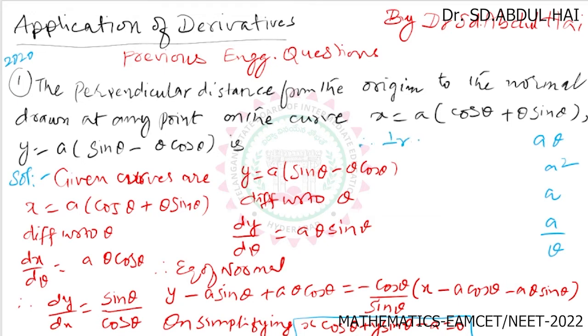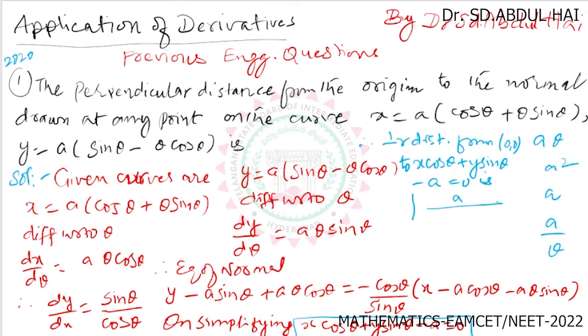Therefore here I can write the perpendicular distance from origin to x cos theta plus y sin theta minus a is equal to 0 is mod of c by root a square plus b square. You know this formula. What is mod c? Minus a. Minus a becomes plus a, whole divided by root of a square plus b square.